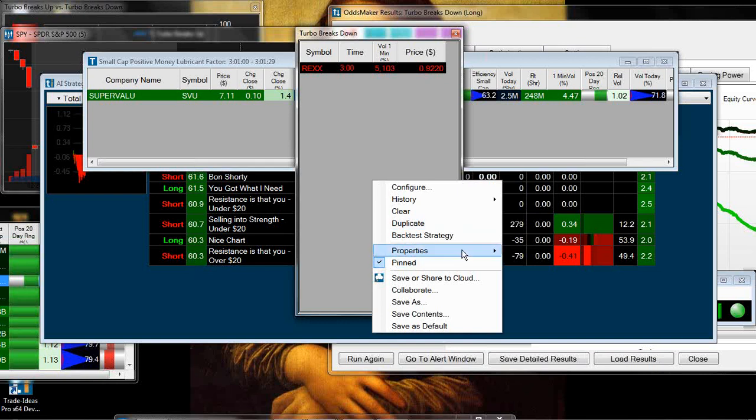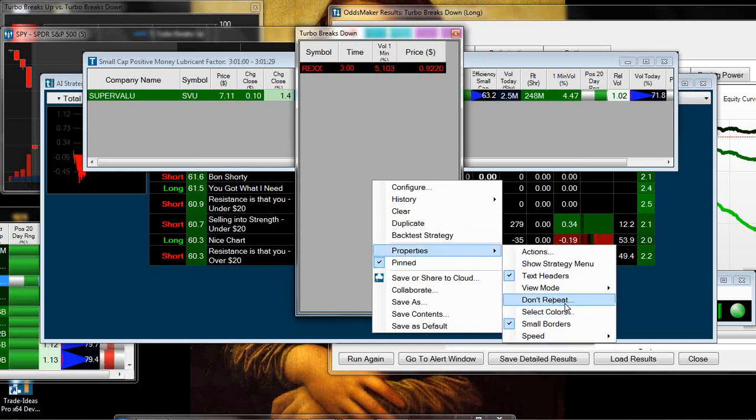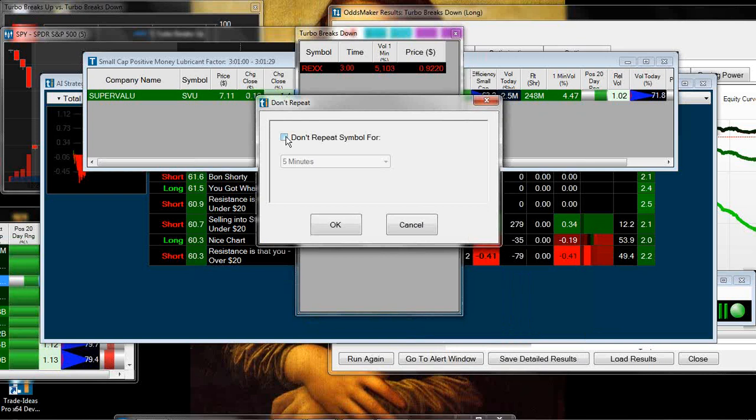Don't repeat under properties, and then we can check this box and say don't repeat anywhere from 1 minute to all these time frames, to don't ever repeat for a day, an hour, 30 minutes. So that's probably the way you want to go if you don't want to see the repeats coming through. Just select your time frame and set it accordingly.